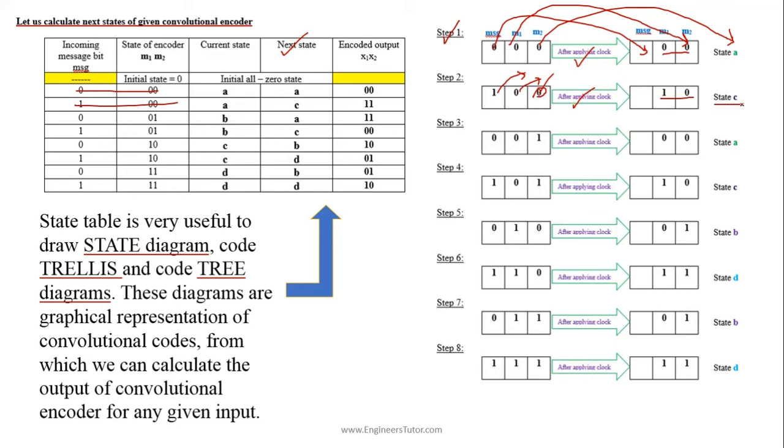This will be represented by state C. Similarly for 001, after applying the clock pulse, the last bit is discarded after the right shift by 1 bit, and the others move to the next places. So this will be M1 M2, and the state changes from 01 to 00. So 00 is state A.